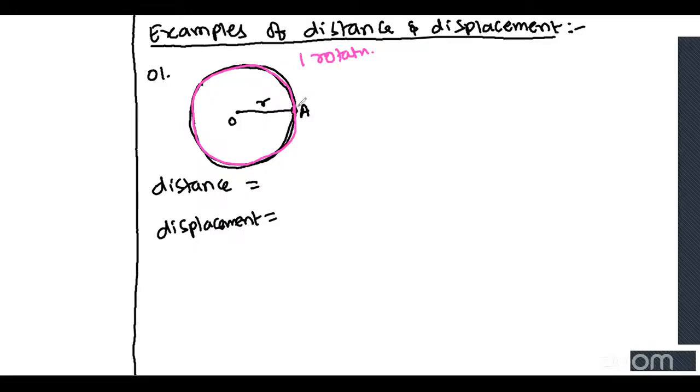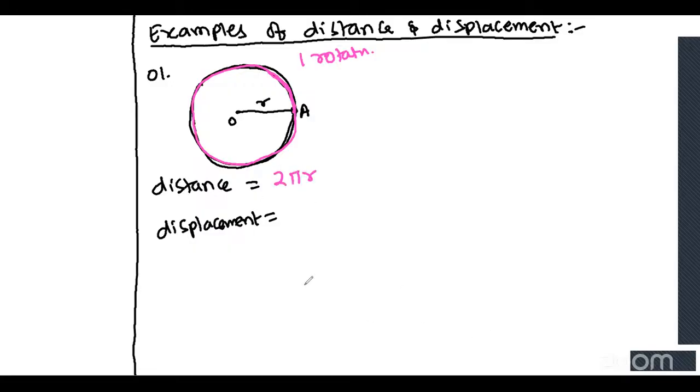Here path traveled means nothing but circumference of a circle. Circumference of a circle. What is the formula? 2 pi r, sir. Very good. 2 pi r.